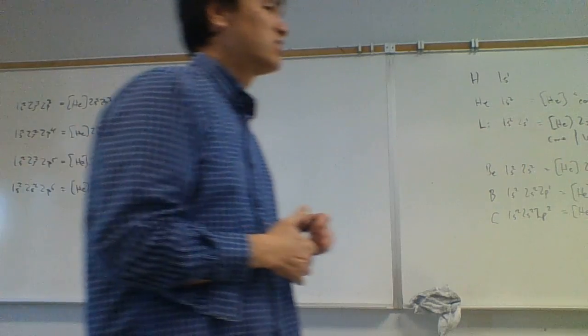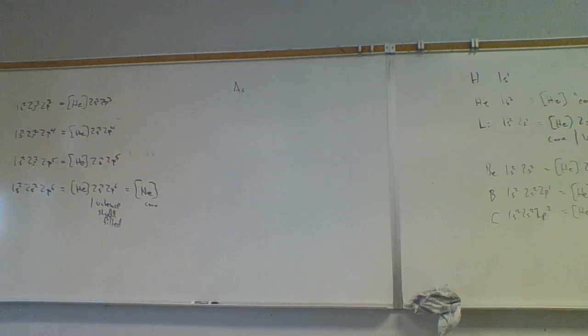You have two choices. You can do it without using the noble gas core, where we just do 1s2, 2s2, 2p6, 3s2, 3p6. Then we go to 4s2, 3d10, 4p1, 2, 3.